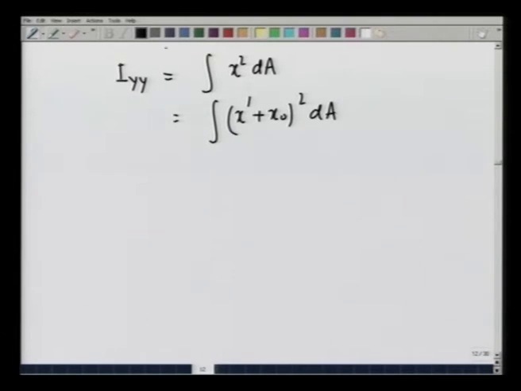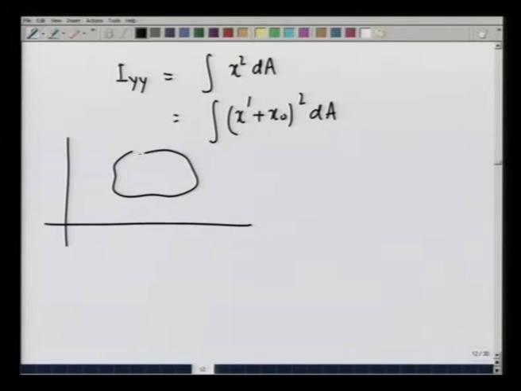Let me for convenience show in the picture again what we are talking about. This is the body, this is the centroid set of axes x prime y prime, this is x y O, this is x_0, this is y_0.